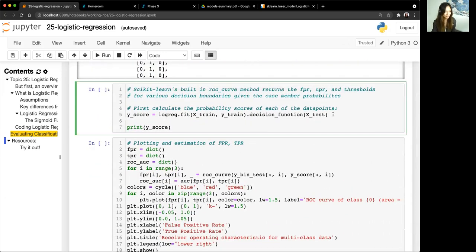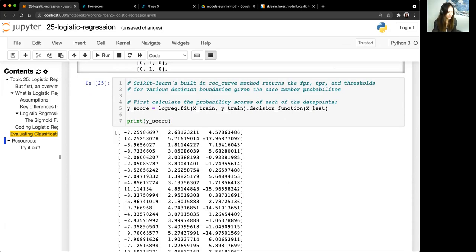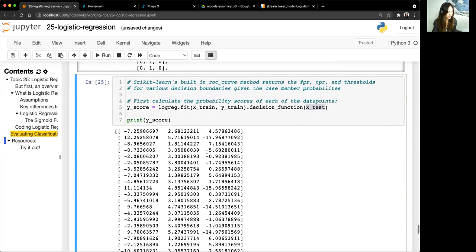And then you have to use the decision function. The decision function basically gets you something like the probability of each class for each data point. If I show you all this right now, we're using the X test for our decision function. Each of these are associated, not exactly probabilities, but scores of each class for each data point.